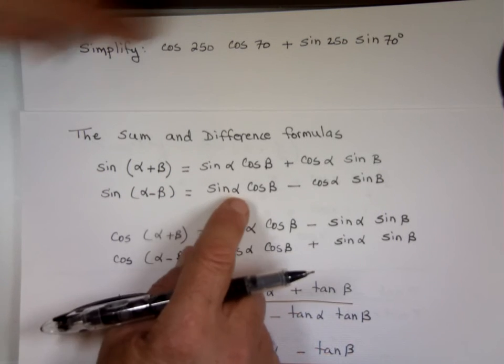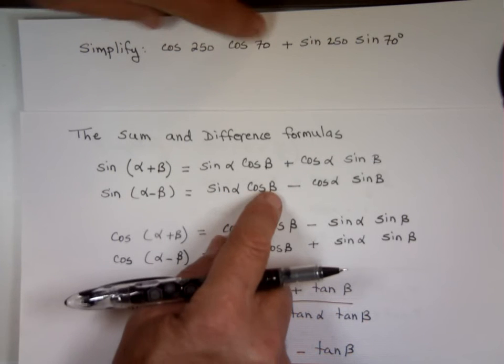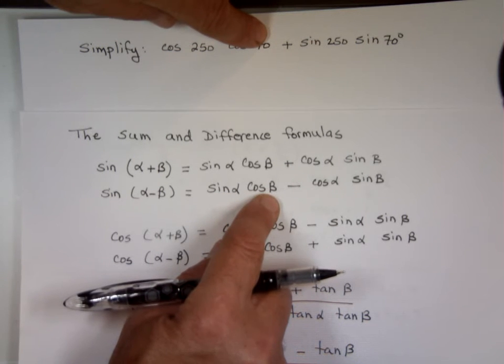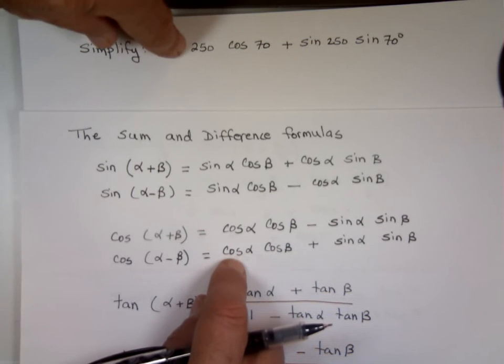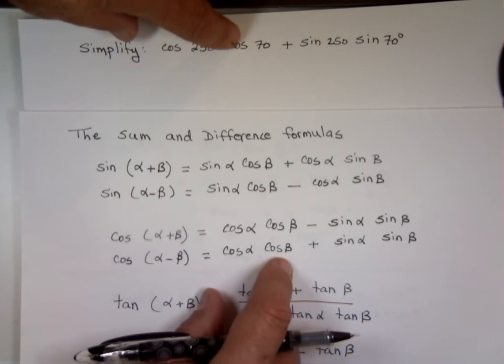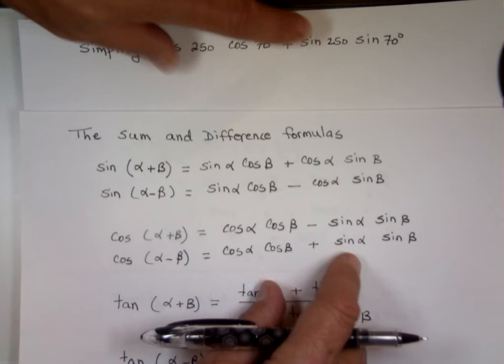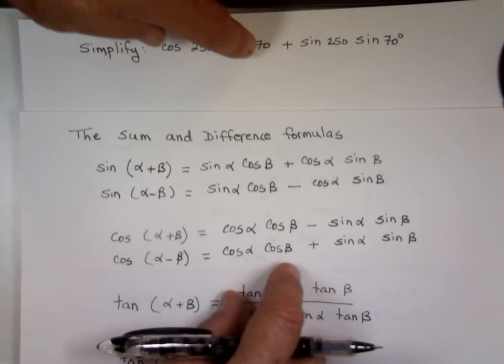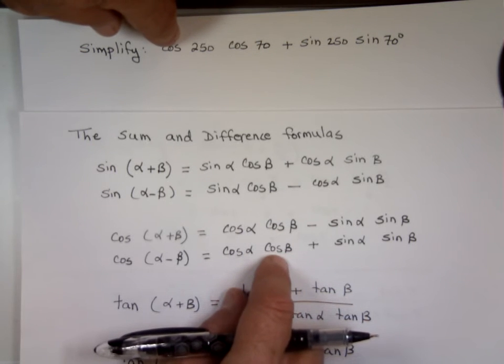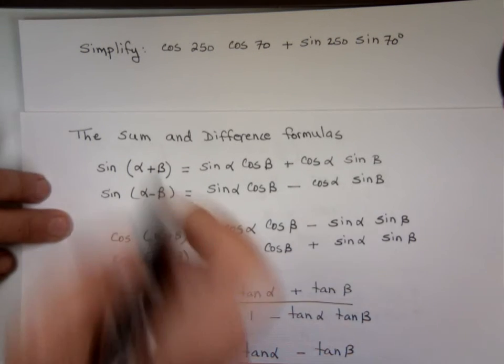Notice alpha is the 250, beta is the 70. Oh, sorry, I had my finger in the wrong place. Cosine 250, cosine 70, sine 250, sine 70. So alpha is 250, beta is 70. So that's this one.